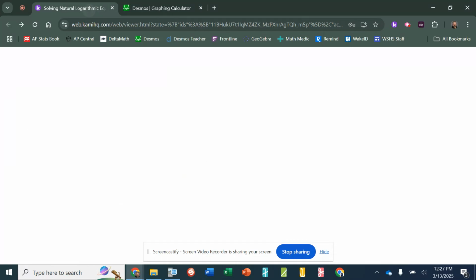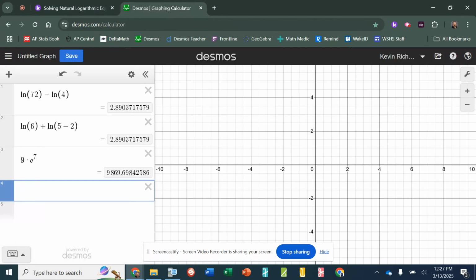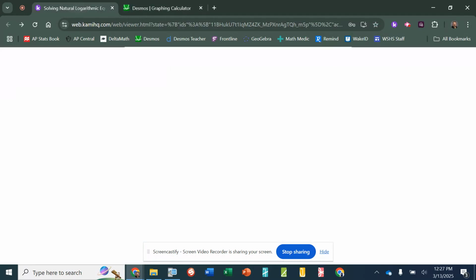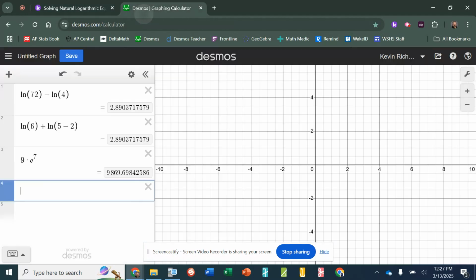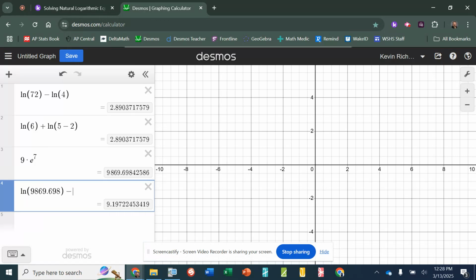Now, because I'm rounding, I may not get exactly 7. But let's see, what did I have? I had the natural log of x, so natural log of 9,869.698 was the first part of the equation, minus the natural log of 9.